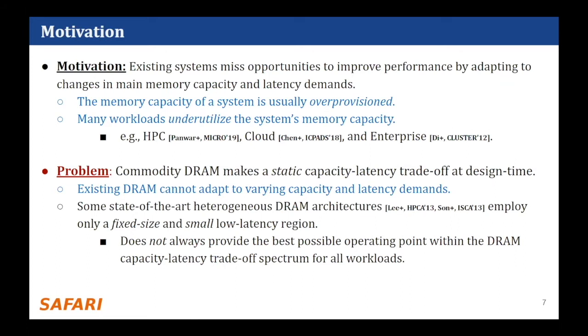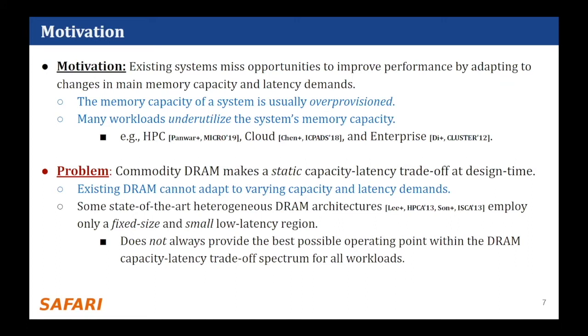So if we take Tiered-Latency DRAM as an example, let's assume that the near segment has a capacity of 32 rows, as shown is the best configuration in the Tiered-Latency DRAM paper.